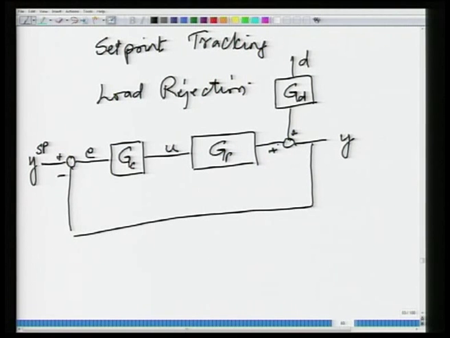And if I look at the closed loop, I mean the overall transfer function, what I will find is, if D is 0, how does a change in Y set point affect Y?